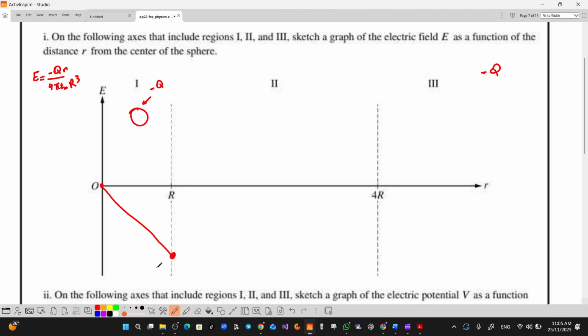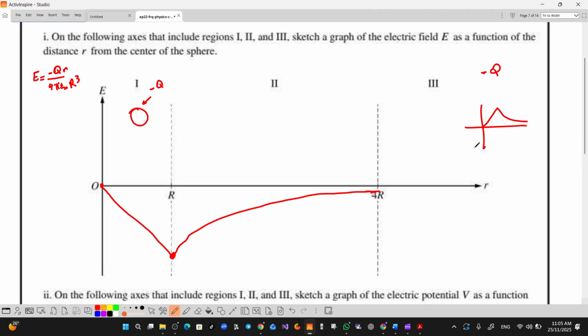Then what would happen to the electric field once we cross the boundary? It will start to decrease. Let me remind you of the graph for the insulator. It will look like this. Here also we will follow the same strategy. It will decrease without touching zero until we reach 4R.